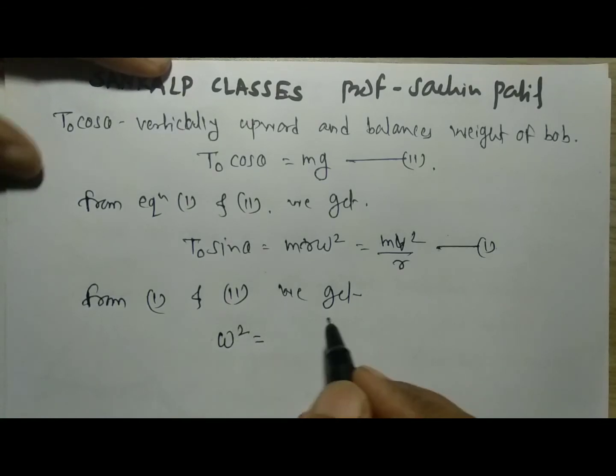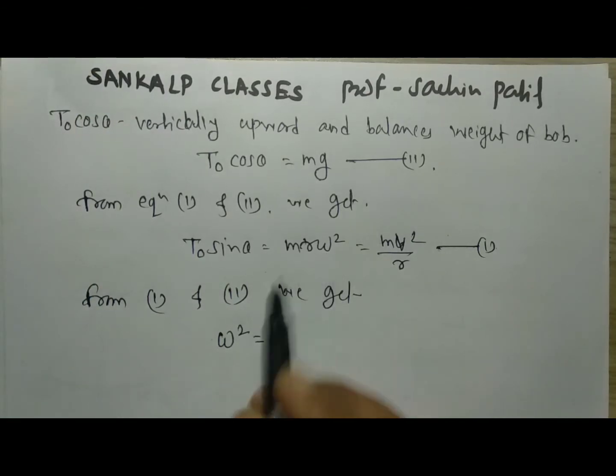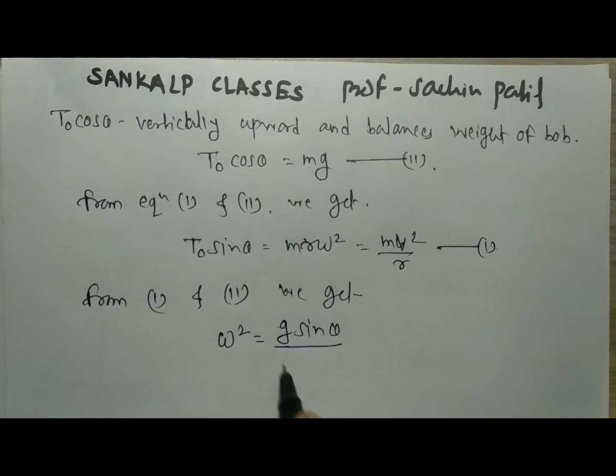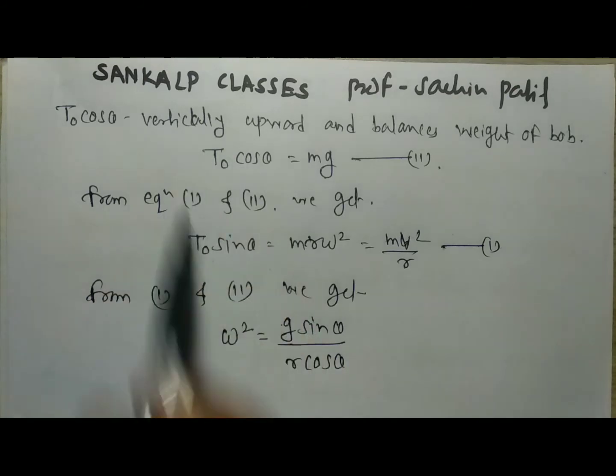Omega square is equal to g sin theta divided by r cos theta. Once again I am repeating that from equation 1 and 2 we get omega square equal to g sin theta divided by r cos theta, and this is done by dividing equation 1 by equation 2.